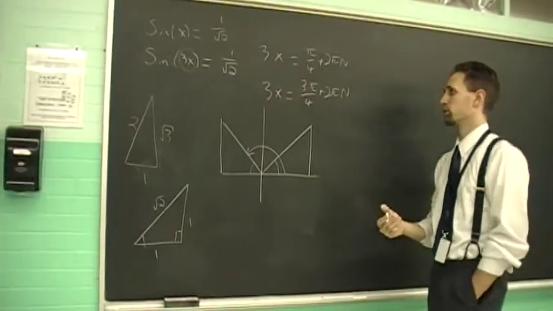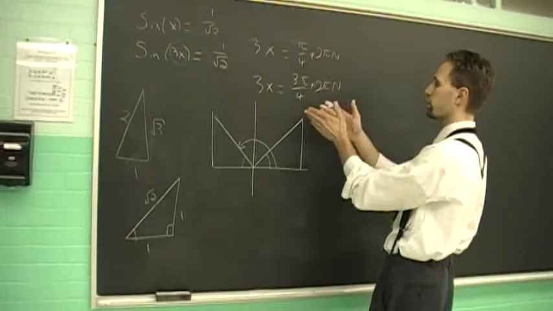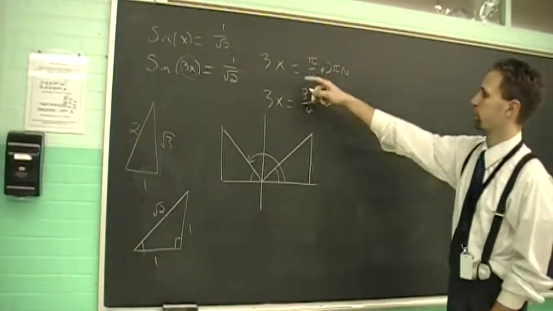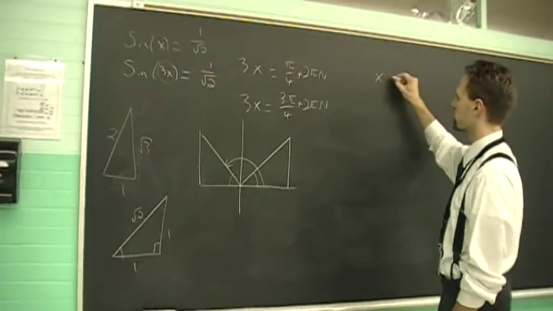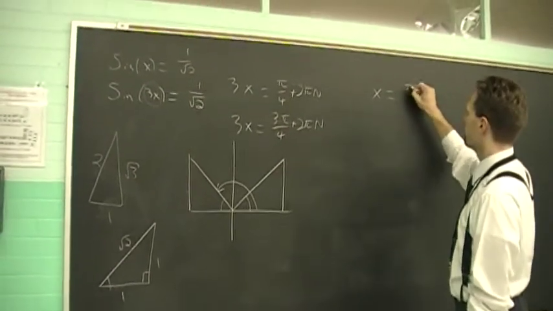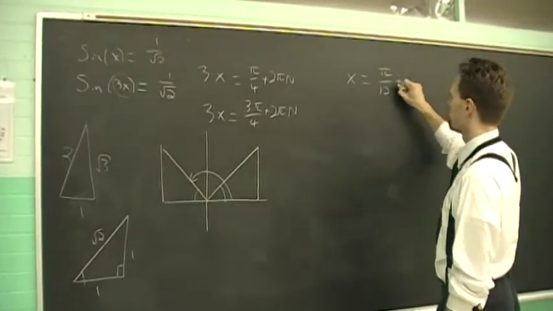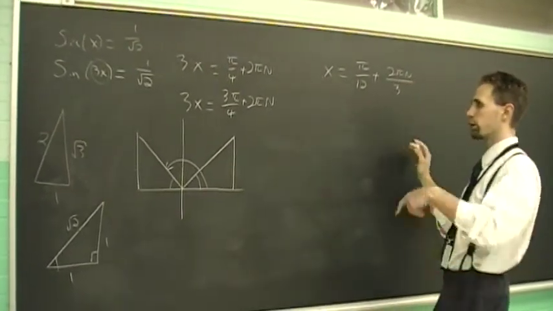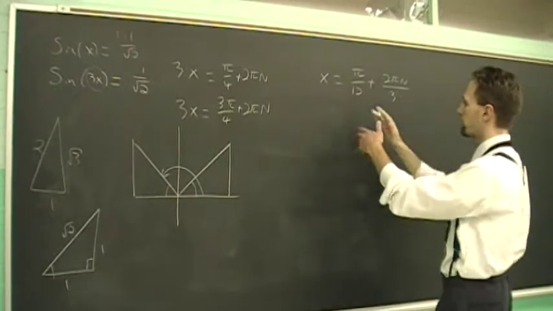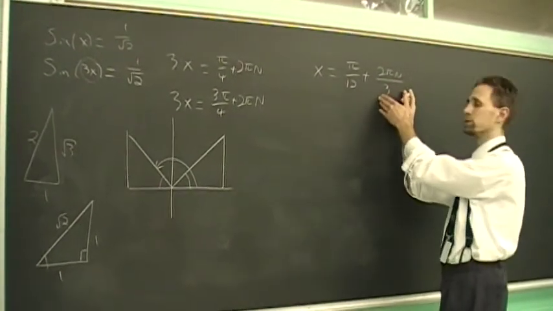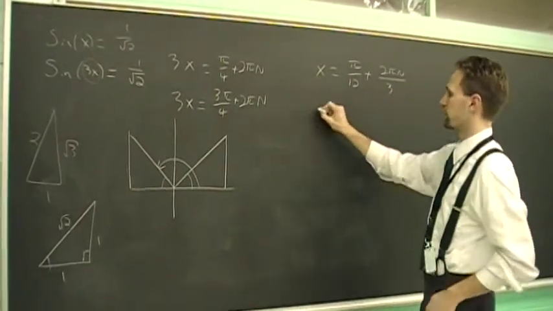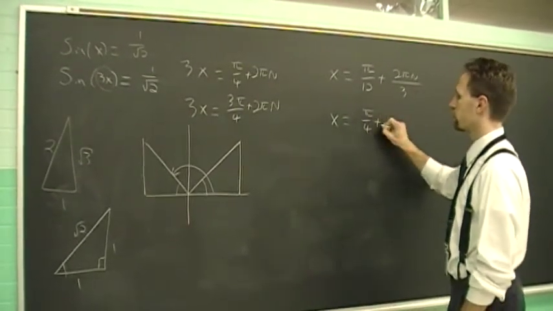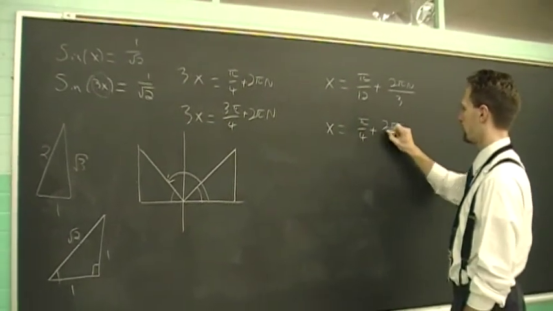And for the final solution, you just set the argument equal to whatever the answers are, and then you solve for x by dividing. So the final answers would be x equals pi over 12 plus 2 pi n over 3. Don't forget that when you divide by 3, you have to apply it to both pieces of the answer. Otherwise, it's incorrect. x equals pi over 4 plus 2 pi n over 3.